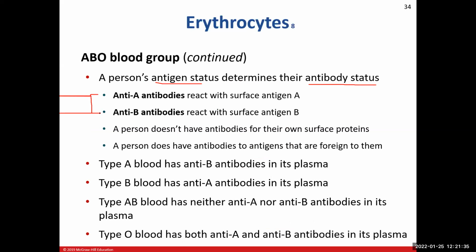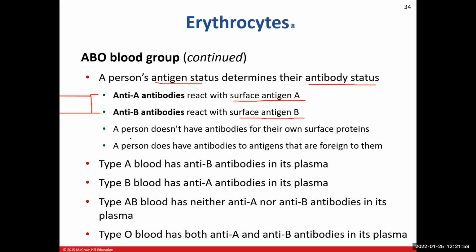A person's antigen status determines their antibody status. So anti-A antibodies will react with the surface antigen A. Anti-B antibodies will react with the surface antigen B.